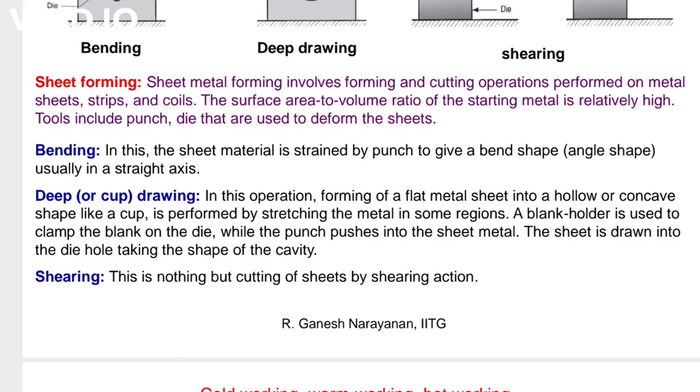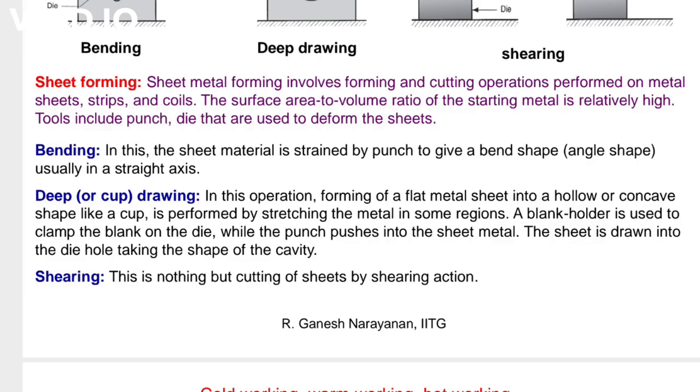A blank holder is used to clamp the blank on the die, while the punch pushes into the sheet metal. The sheet is drawn into the die hole, taking the shape of the cavity.